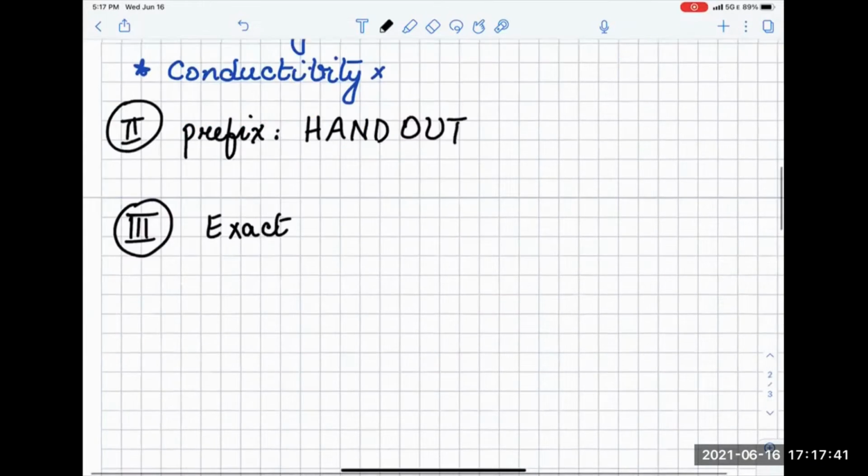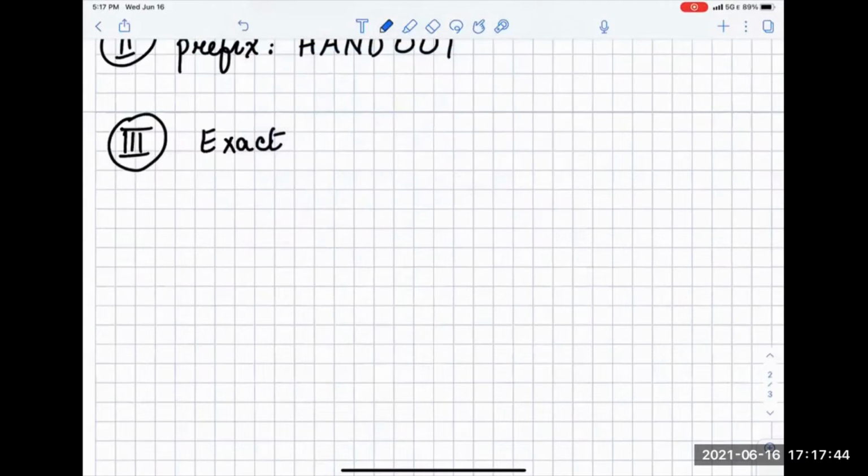Simple exact numbers are, for example, students in the class, so 45 students. It can't be 45 and a half students, you know what I mean? How many trees are there? There are 10 trees in the yard, so 10 is an exact number. How many bottles of milk?